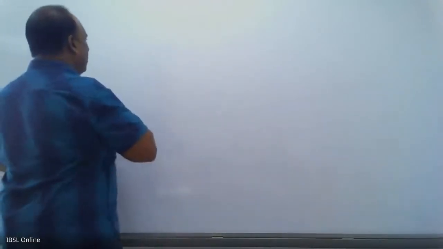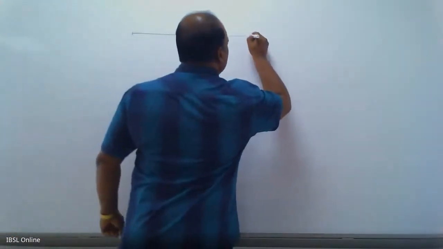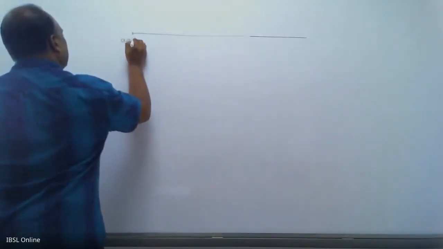XYZ company purchased an equipment for 600,000 on 1/5/2014. So as I told you, we have to always have the timeline. 1/5/14. And they say the cost of the asset is 600,000.